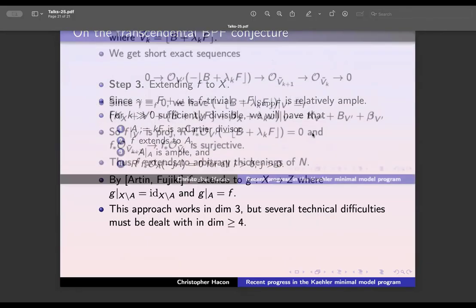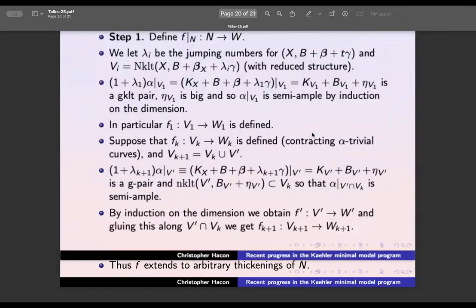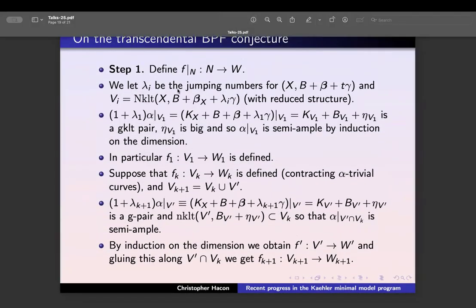So in my mind, the place that I am having so far the hardest time is step 1. So in order to make this step 1, remember you have this non-lc locus, and you're trying to sort of cover the whole locus with non-klt loci. And at each point, you're adding a new component of the non-klt loci.